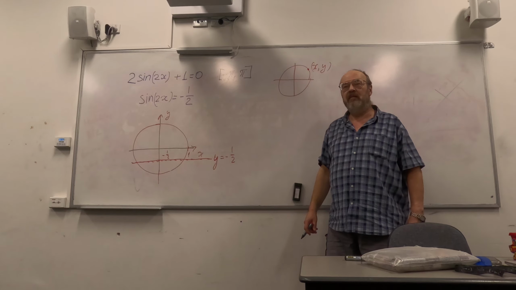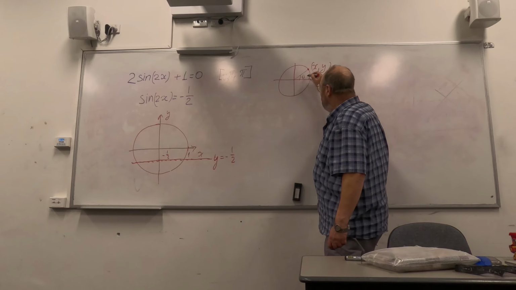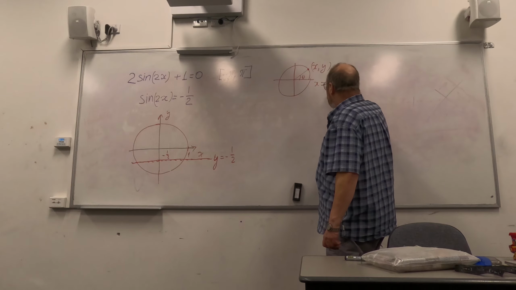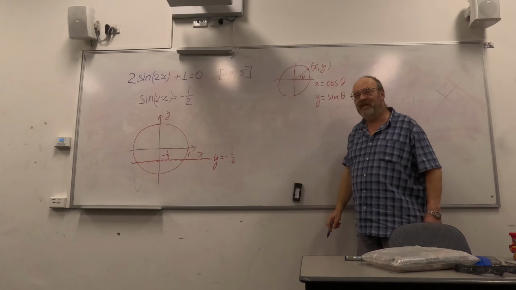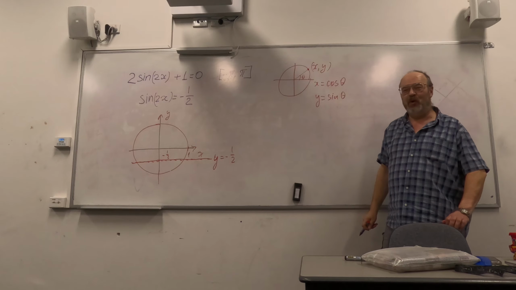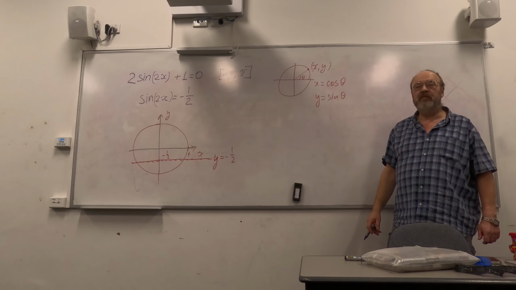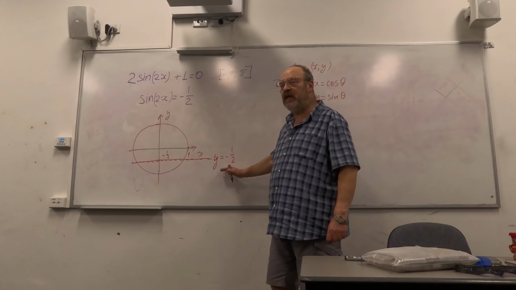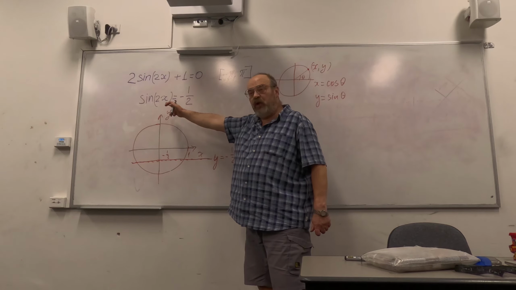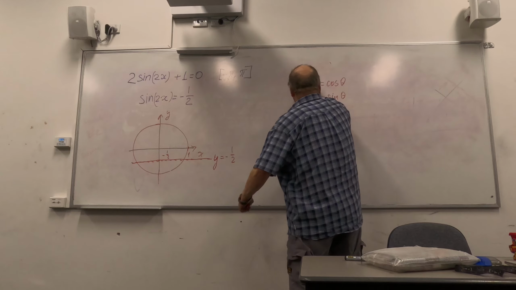X is cos, y is sine: if this angle is theta, the x coordinate is cos theta, the y coordinate is sine theta. And tan is y divided by x. Sine is the y coordinate, that's why we have y equals negative 1/2. If it were cos 2x, then it would be x equals. Make sense? Everyone fine with that?